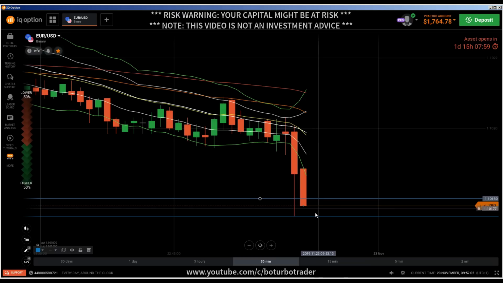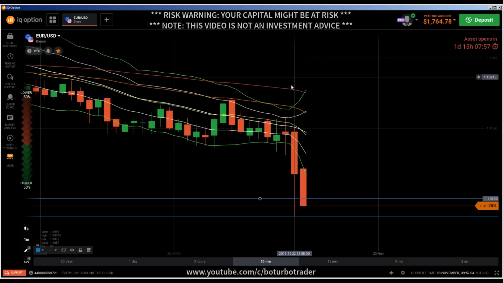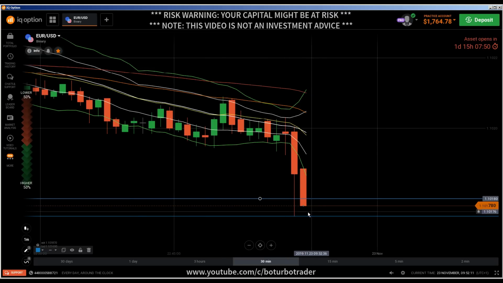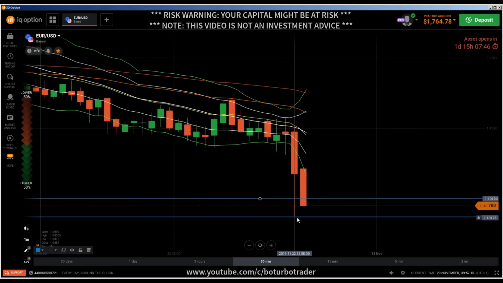No, because we have a major downtrend. You see the EMAs aligned. We have a minor downtrend. We got a breakout of this box range. Also, if this candle was not able to break this support level, it's not a sign to do a call.